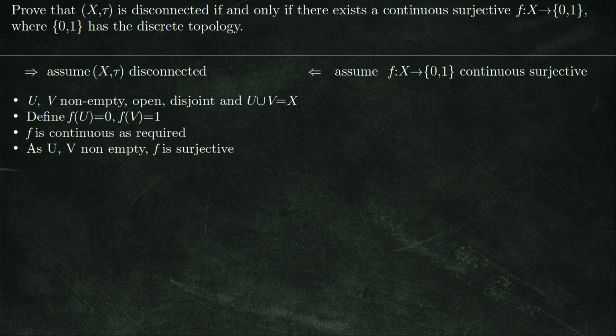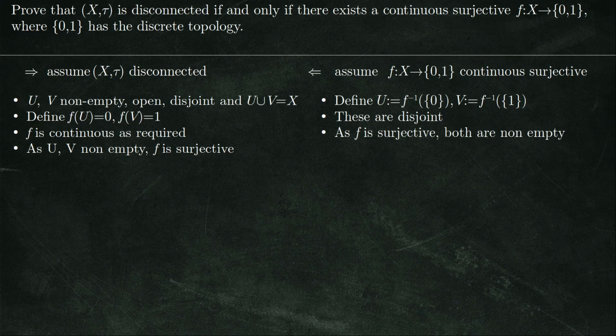Okay, now you've had a go. I'll quickly go through the proof. So we take U and V to be the pre-image of 0 and 1. These are disjoint because 0 and 1 are disjoint. F is surjective, so both U and V must be non-empty. And they're open as F is continuous.